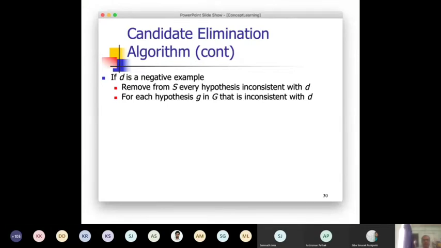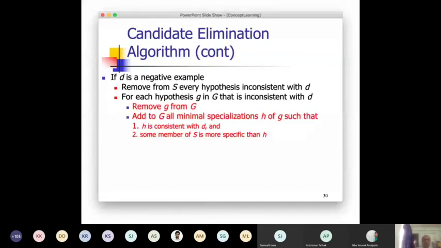And for each hypothesis g in G that is inconsistent with D, which means that the negative examples are satisfied there, G has to be made more specific.